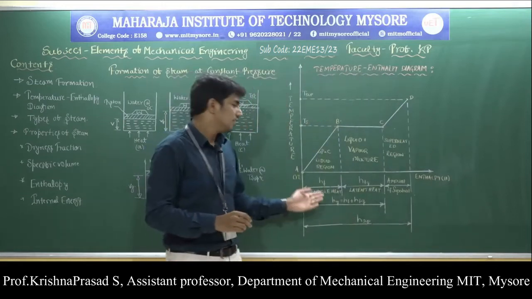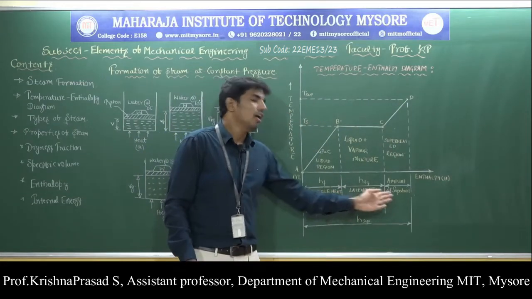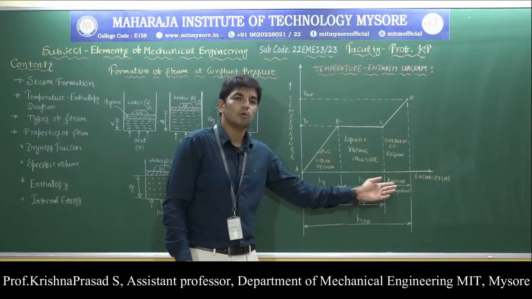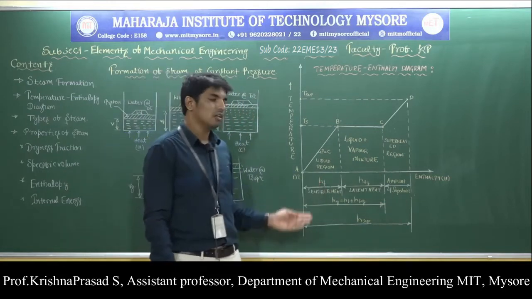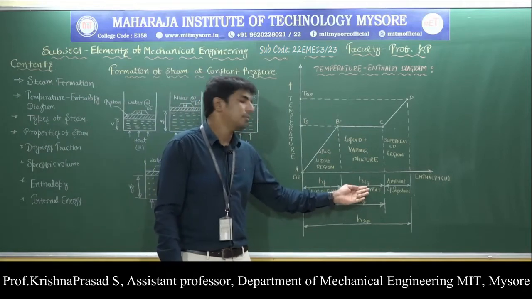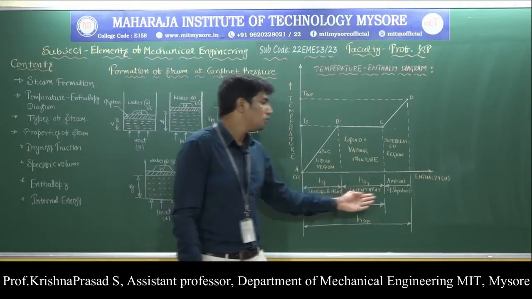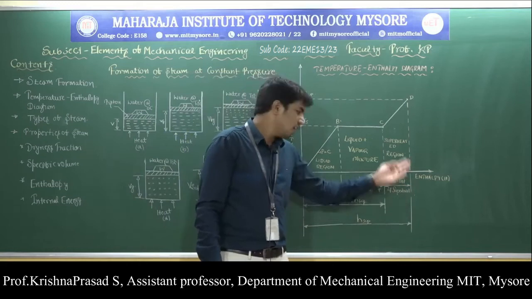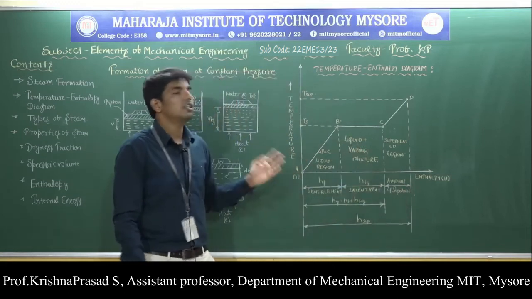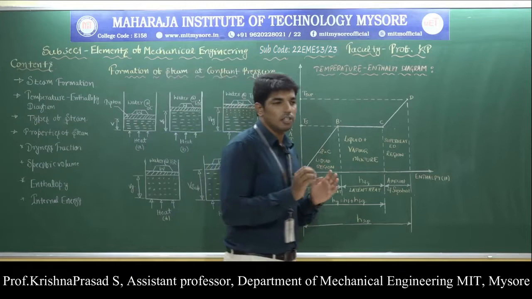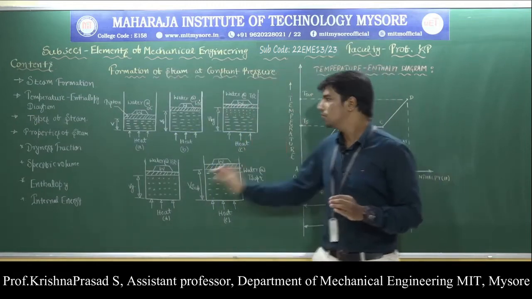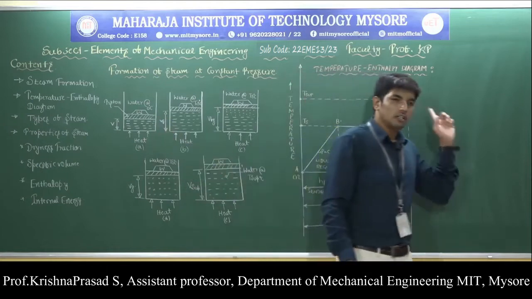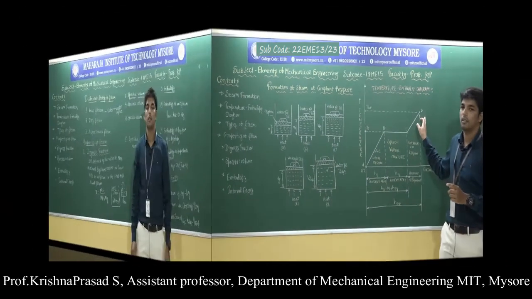This is called the sensible heat, the latent heat of evaporation, and the amount of superheat. Sensible heat is represented by HF, latent heat of evaporation by HFG, and amount of superheat by HSUP. So this is regarding the formation of steam from ice into superheated steam, from 0 degree centigrade to the superheated temperature.